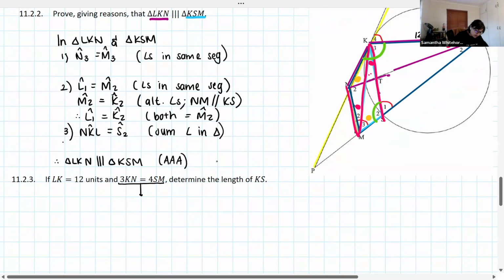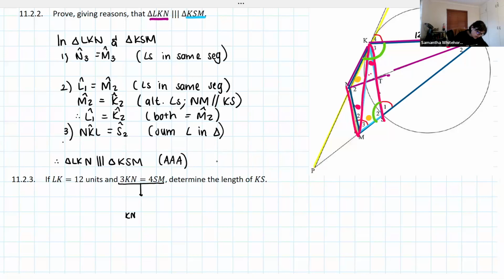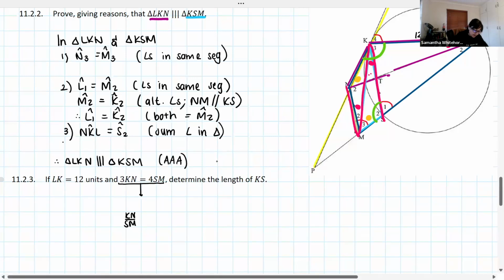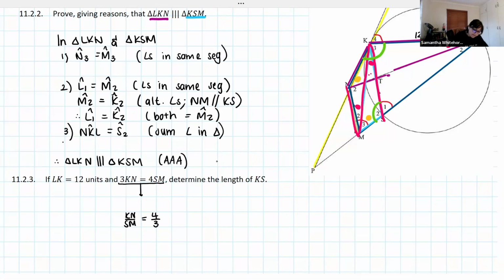If we say KN over SM, so basically divide both sides by SM, and we get rid of the 3 by dividing both sides by 3, we get a ratio of KN to SM is 4:3. So KN is 4 parts, SM is 3 parts.